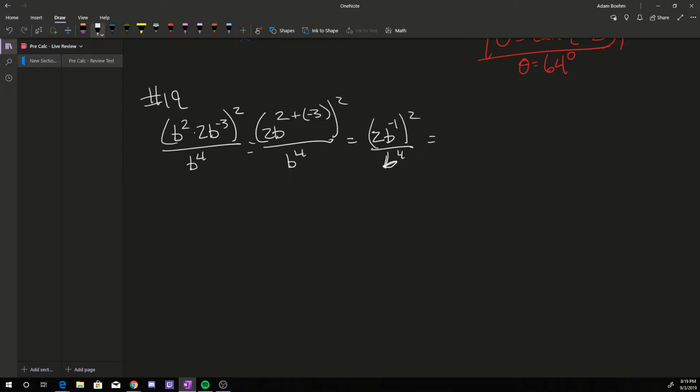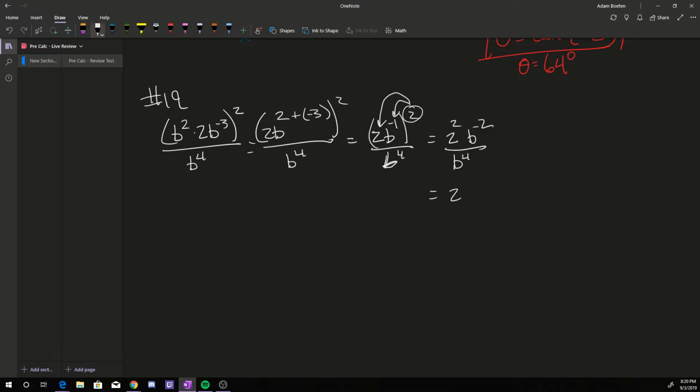And then we're dealing with this exponent out here, which distributes to the negative 1 and the base of 2. So you have 2 squared and b to the negative 2. And then b to the 4 just stays down there. Once you get here, negative exponents always switch sides of the fraction line.